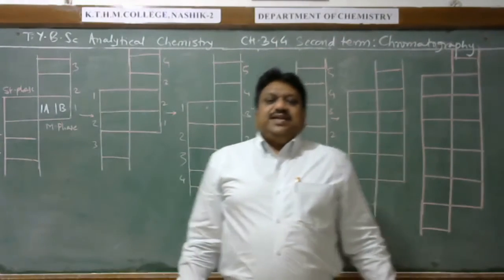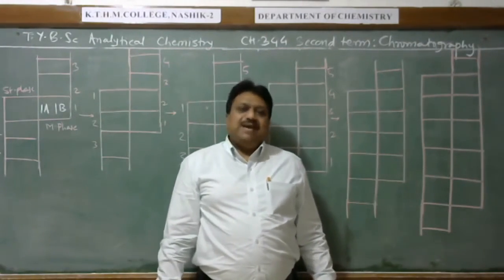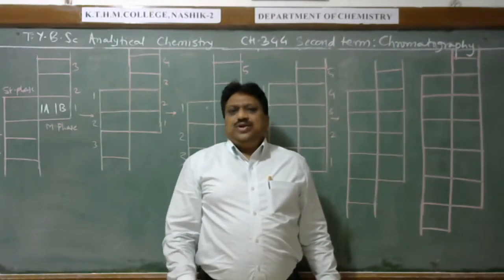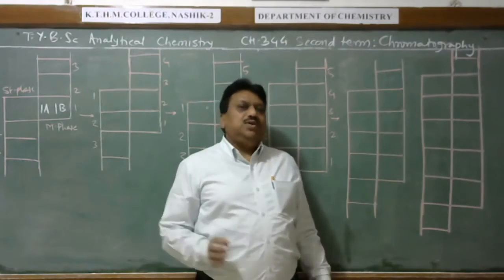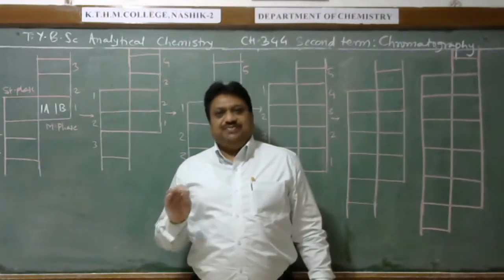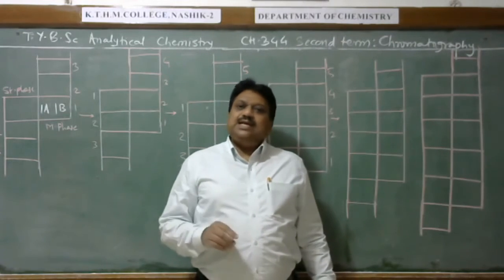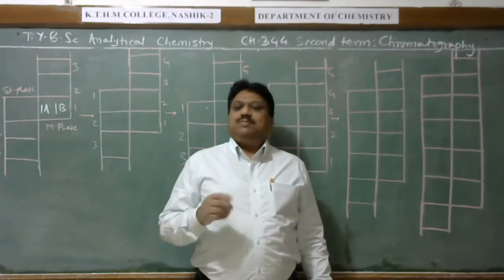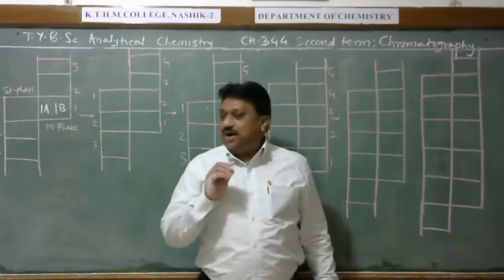Now we discuss the different steps involved in the separation process by using a matchbox model. We know that we assume here A is equally soluble in both solvents, stationary phase solvent and the mobile phase solvent, while B is only 25% soluble in stationary phase and 75% soluble in mobile phase.